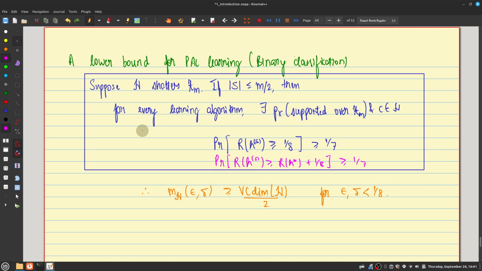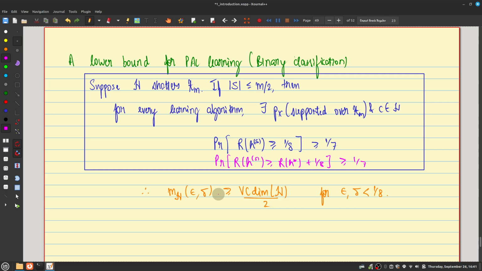Okay. So essentially, the no free lunch theorem gives a very trivial lower bound on the sample complexity of PAC learning. It says that the sample complexity must be at least the VC dimension of h divided by 2. In no way is this going to be tight.